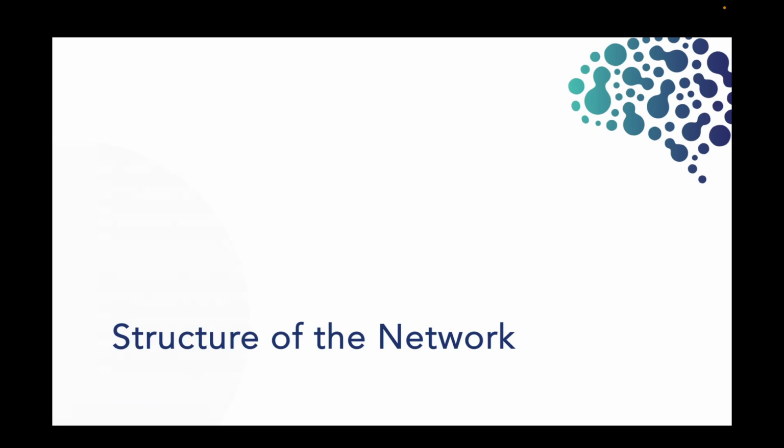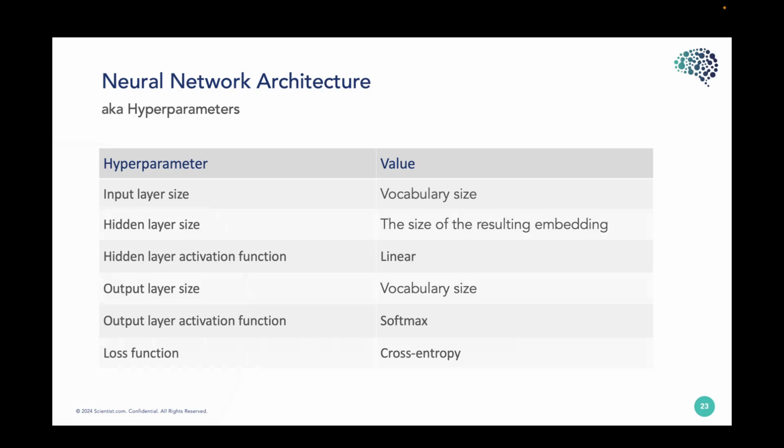Okay, so that is how we develop our training set. Now let's look at the structure of our network. If you recall last time when we trained it to play tic-tac-toe, some of this was dictated by the structure of our data. When we're playing tic-tac-toe, the inputs are always 9, and the outputs are always 9, because that's how many places we have to move. Here, our inputs are always going to be a word encoded as a series of numbers that are of size vocabulary.